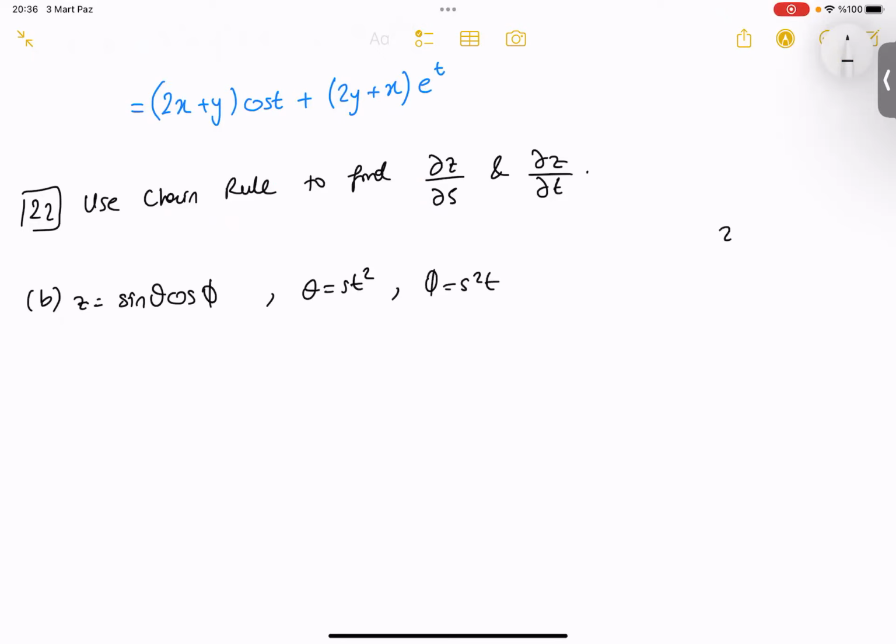Okay, you see z is dependent on phi and theta, right? So phi is dependent on s and t, theta is dependent on s and t.